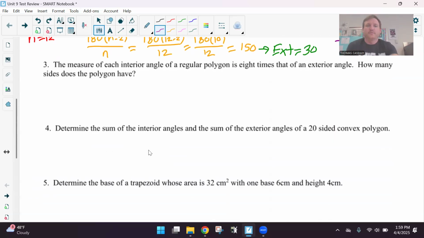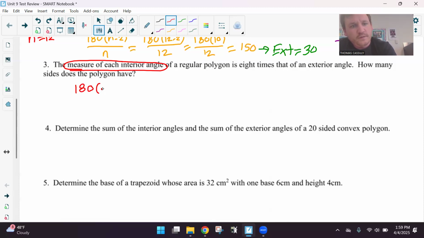All right, next one. Moving right along: the measure of each interior angle of a regular polygon is 8 times that of an exterior angle. How many sides does it have? This is one of those word problems where we just have to put it all together. The measure of each interior angle is 180 times n minus 2, all over n.